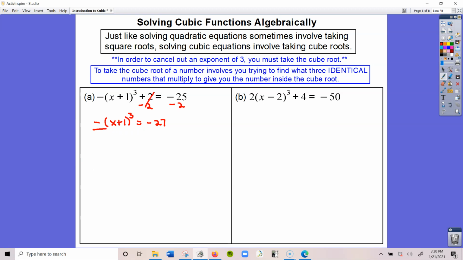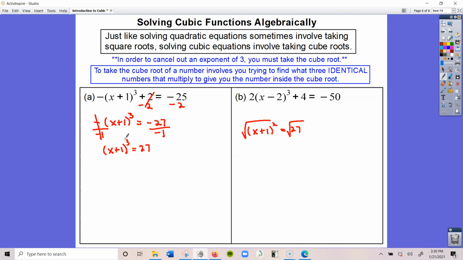Next, I have to divide by negative 1 to cancel out that negative. So now I have (x plus 1) cubed is equal to 27. In order to cancel out this exponent, we are going to have to apply the appropriate radical. You know how, let's say, if you had (x plus 1) squared is equal to 27, you would square root both sides.